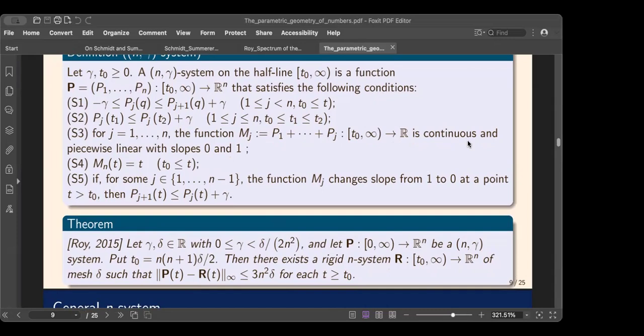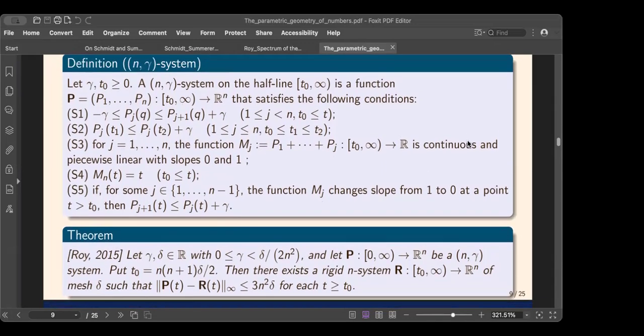Yes, and if we combine theorem 1 and theorem 2, I think he proves that for a general N-gamma system, he can find a unique vector u in R^n such that P(t) minus L u is bounded by some constant.